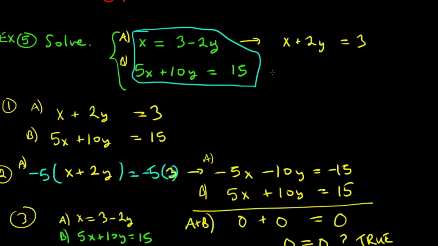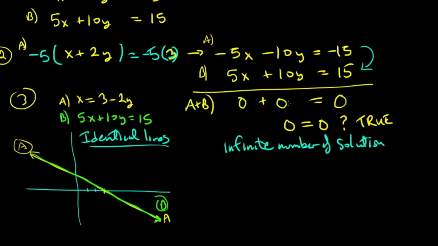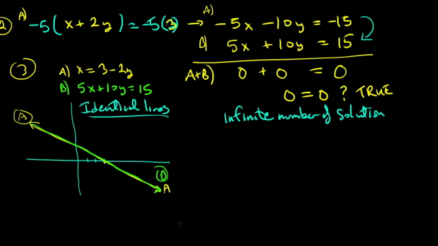If all I did was multiply the first equation by 5 on both sides, I end up with equation B. So yeah, we did negative 5 to cancel the x's and y's, but it's the same equation, right? You can just multiply the first equation by 5, get the second equation, and so they are identical lines.